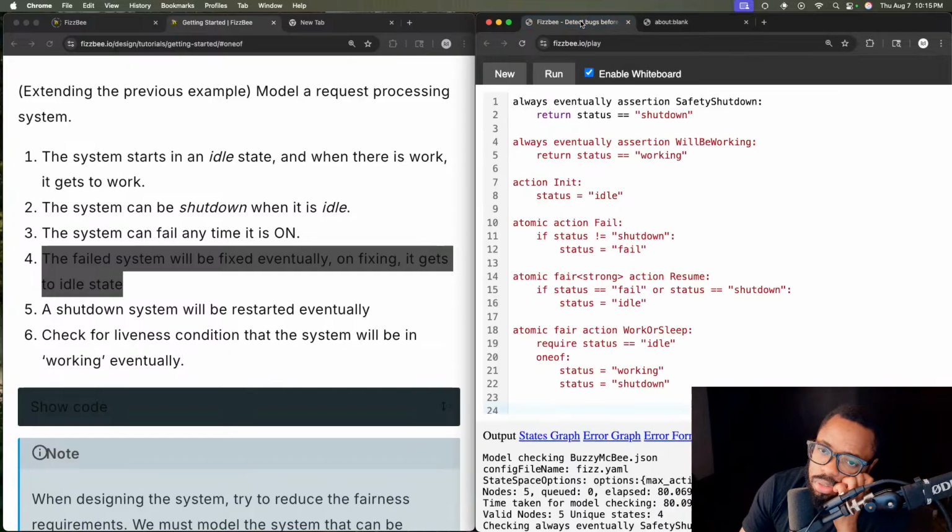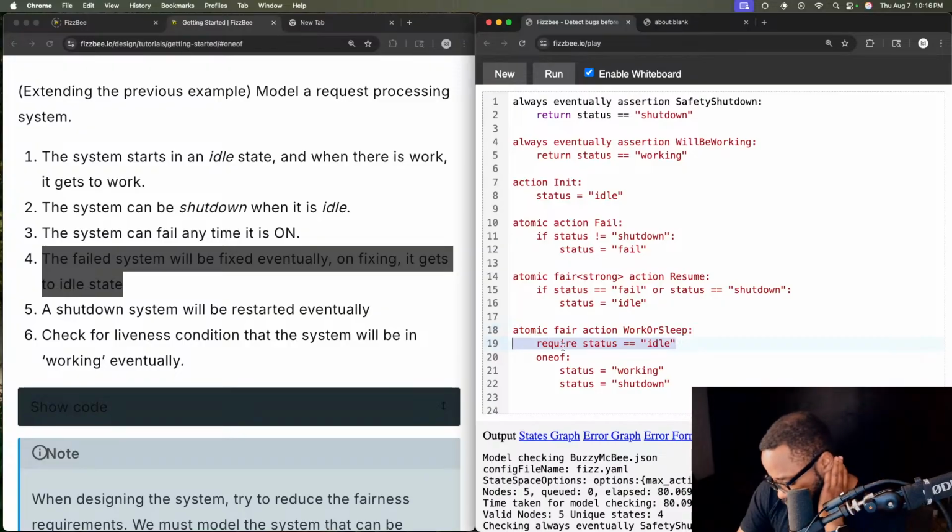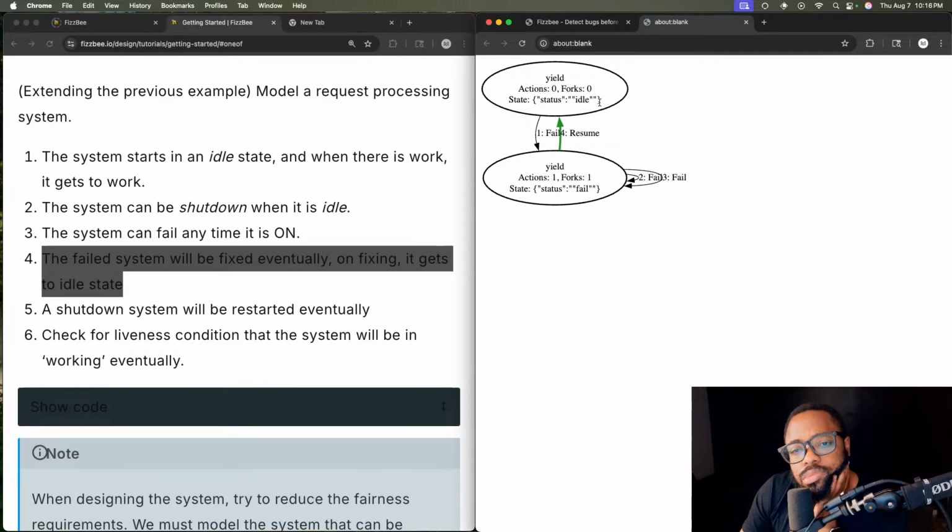But wouldn't that go against the fairness here, which says that, oh, but this requires continuous enablement, which this bypasses, right?